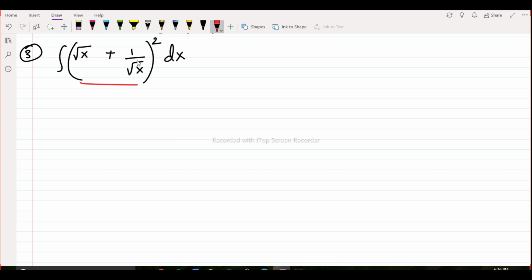But integration doesn't work that way, because if inside is anything except x, then we can't directly use that integration formula. The formula we have is for x raised to n dx. If I had a square of x, I could have used it. However, now I cannot use this formula because inside you don't have x, you have root x.